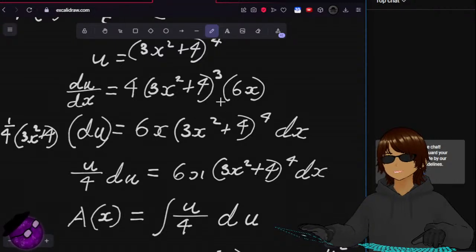If I multiply this side by u to the power of 4 divided by u to the power of 3, this cancels out, so you're left with this. This goes to the other side. It's not u to the power. Yeah, I made a mistake here. So like this.